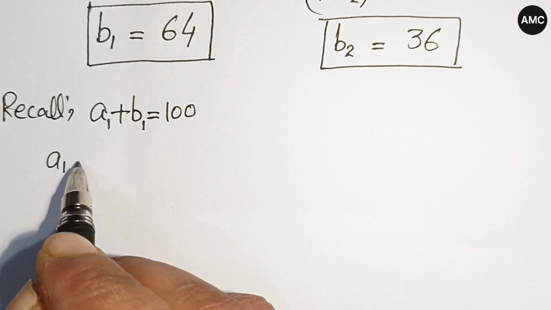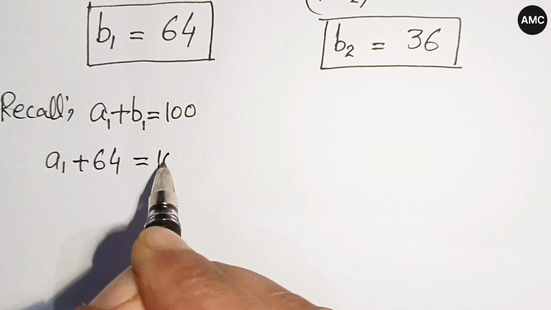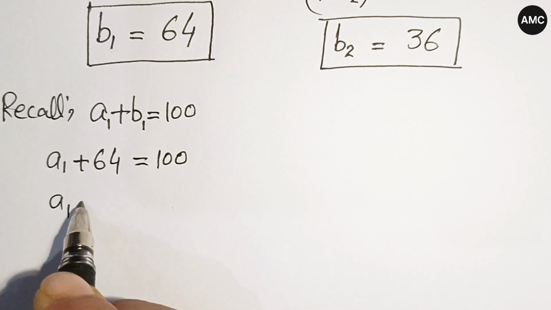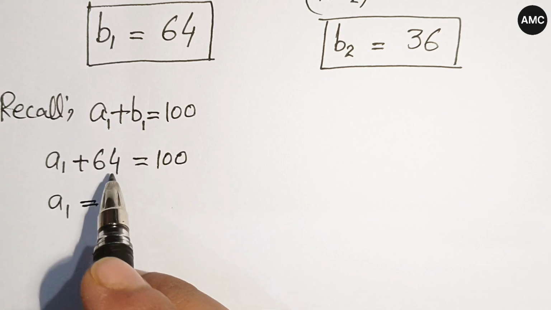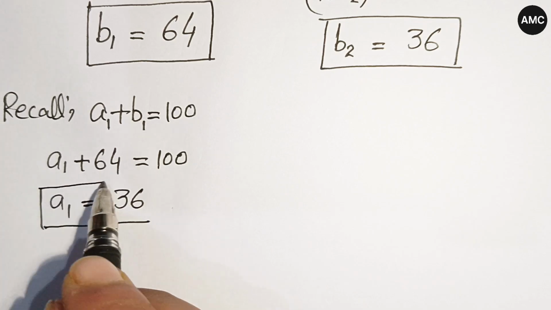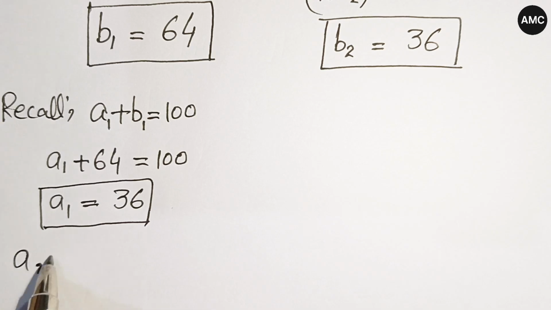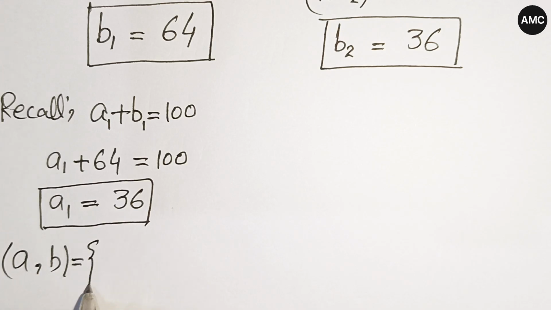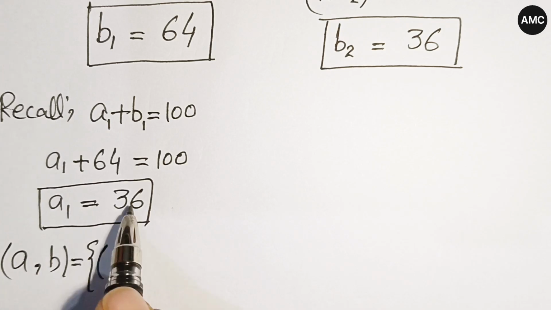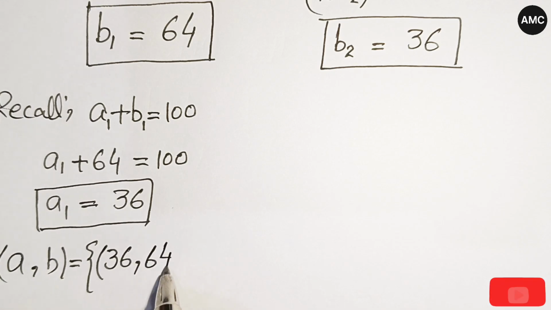So a1 plus b1, which is 64, is equal to 100, and a1 is equal to 100 minus 64, we get 36. So here we have the first value of a. Now we get our first pair, that is a and b: we have our first pair of values, a is 36 and b is 64.